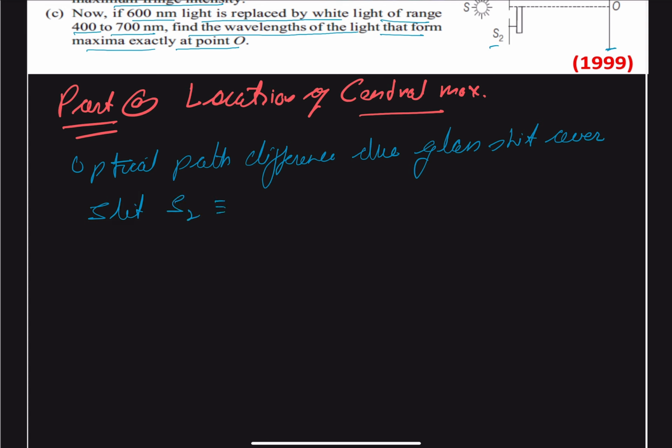Let us call that delta x2, which will be given as refractive index of glass over refractive index of medium minus 1, and multiply by its thickness. And we can also say the geometrical path difference due to vertical fringe shift.